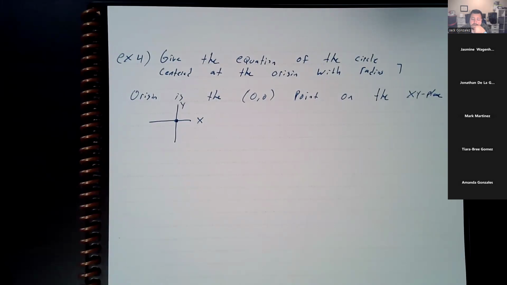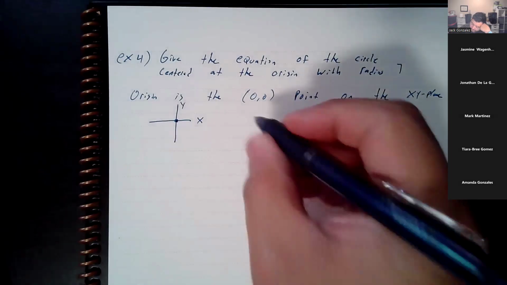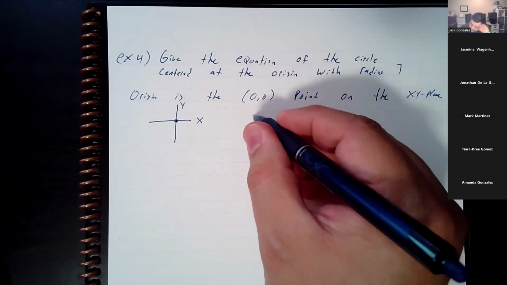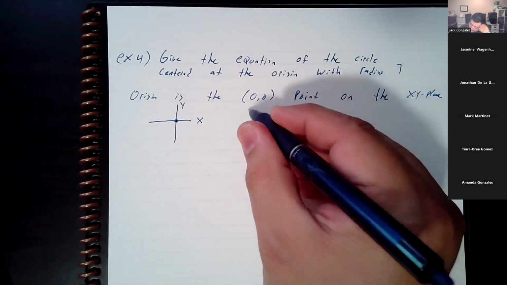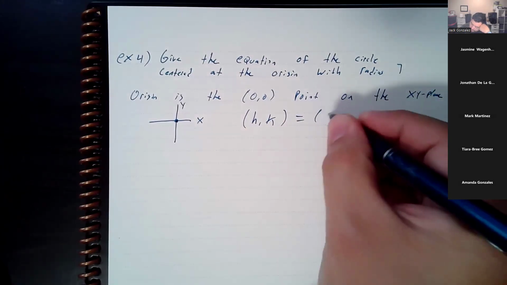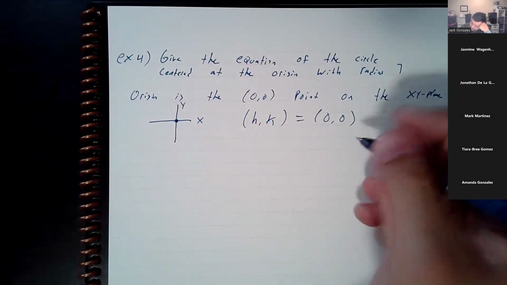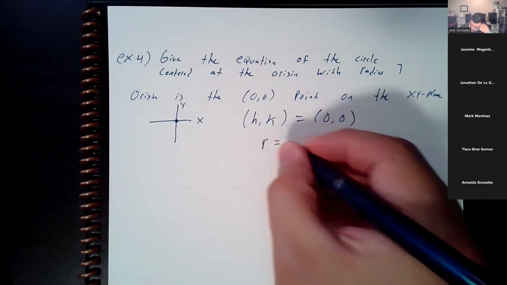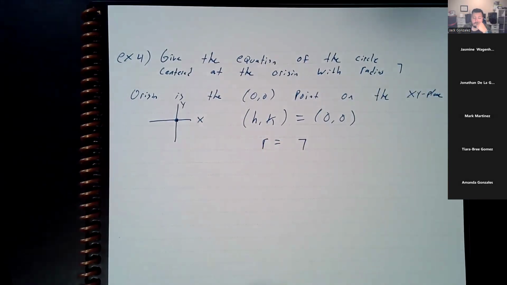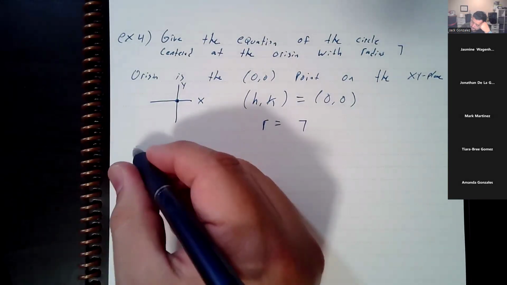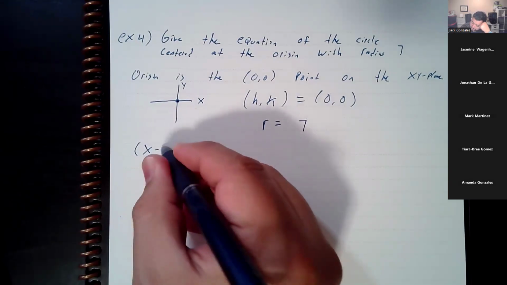So if it's right there, that means the center is 0, 0, right? So H, K is at this point. Radius is 7. So use the standard formula, standard form.